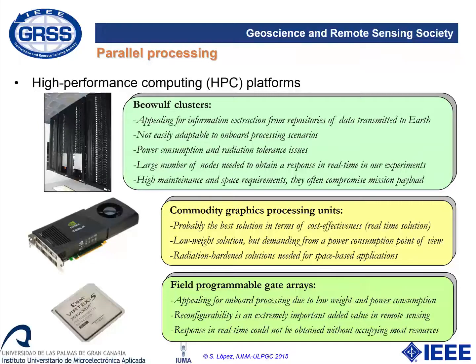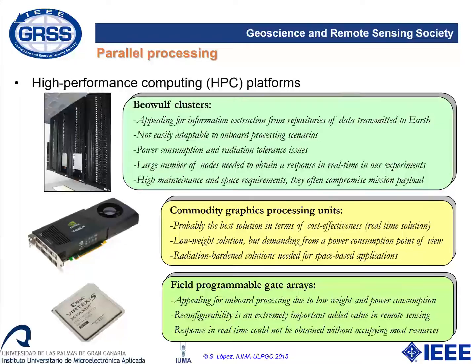They also have low weight, but one thing that is important for us to notice in this tutorial is that they require very high power consumption, and also they are not radiation hardened solutions. So these last two issues prevent their use onboard satellites, because in satellites power and radiation tolerance are very important, of course.